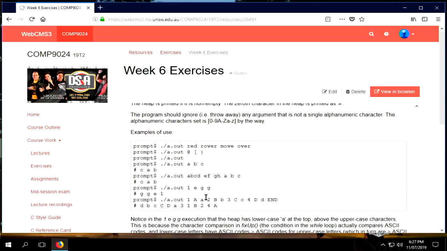I've got alphanumeric characters, which means no brackets, no semicolons and commas. I've got the lowercase, uppercase characters and digits, those three classes. And they are the only things that can appear on the command line in single form. So you can't have two characters next to each other, just one character.